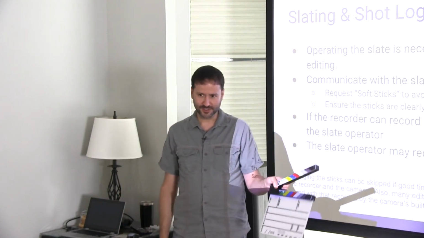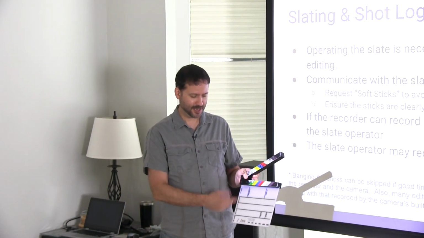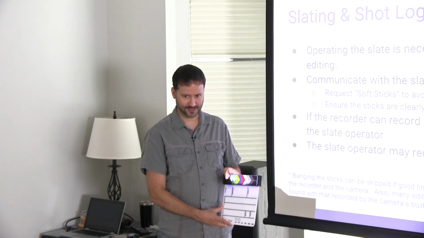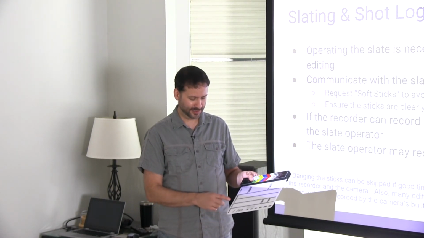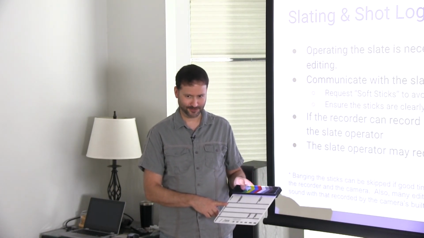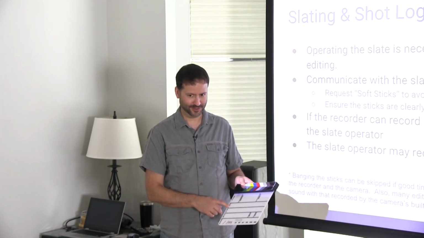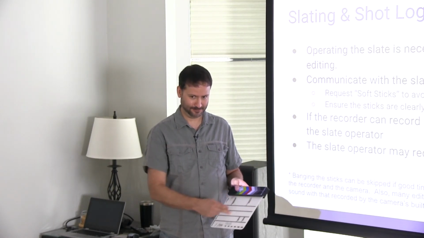Once the camera's rolling, you usually call "mark," and that tells the slate operator that it's time to read the information off the slate, and then slap the sticks. You typically will read the production in the first take, maybe for the whole first shot, but you don't usually have to read it every time. You're normally just interested in the scene and the take.